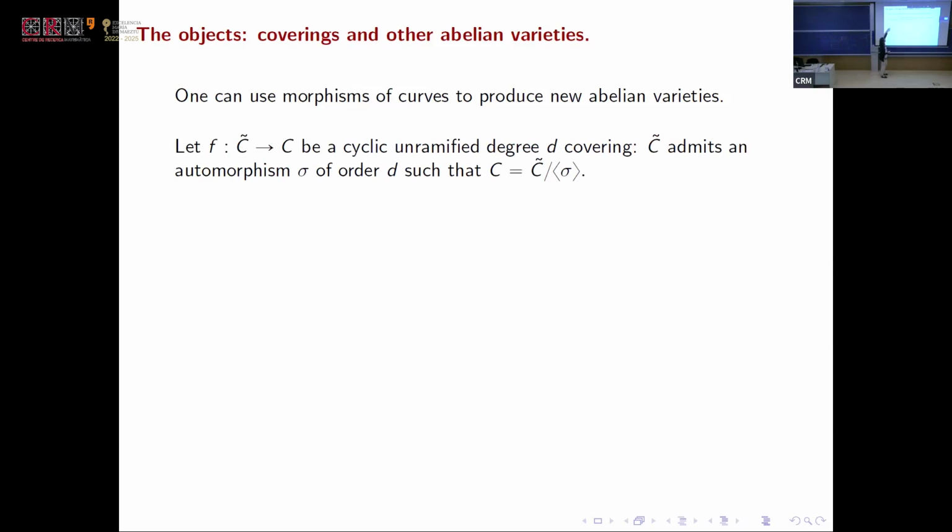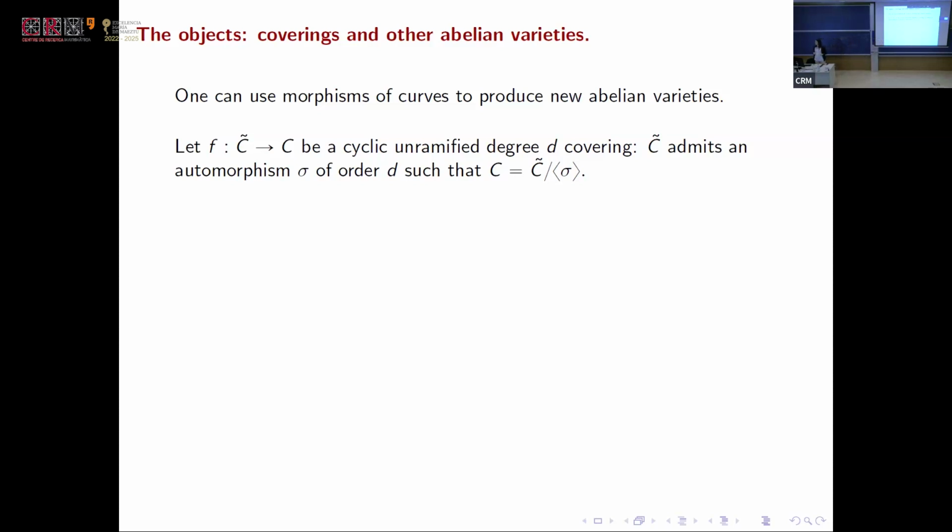If I take a point in C, the pre-image is given by all the points that are moved. This is the orbit space. If we fix a point x on C tilde, then we have sigma of x, sigma squared of x, and so on, up to sigma^(d-1) of x. These are the points in the pre-image of the class of this orbit in C.